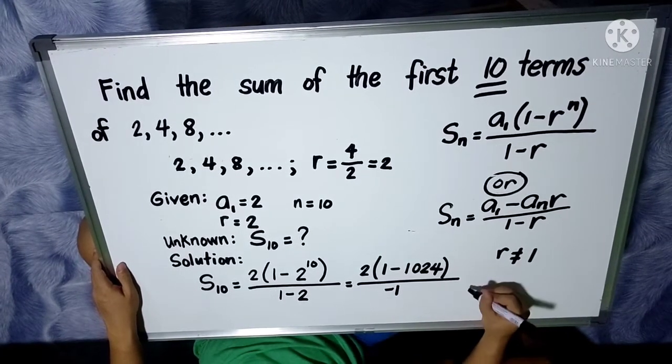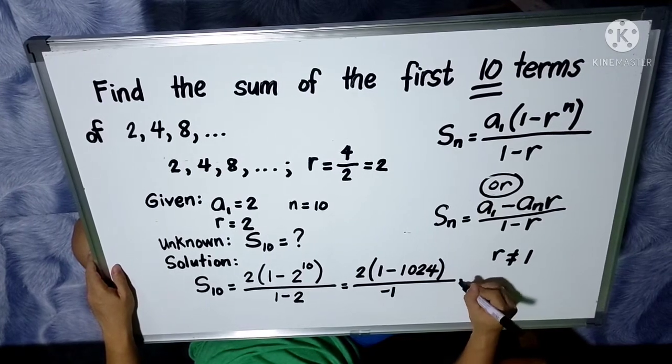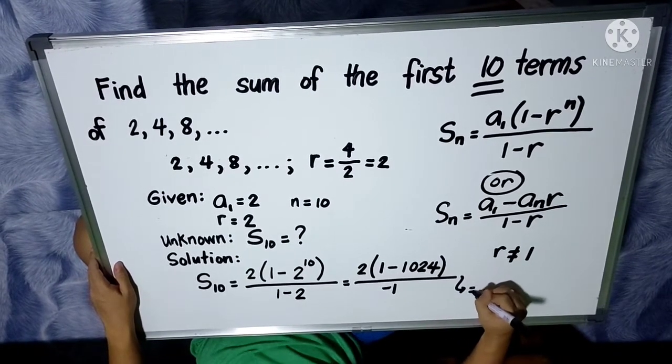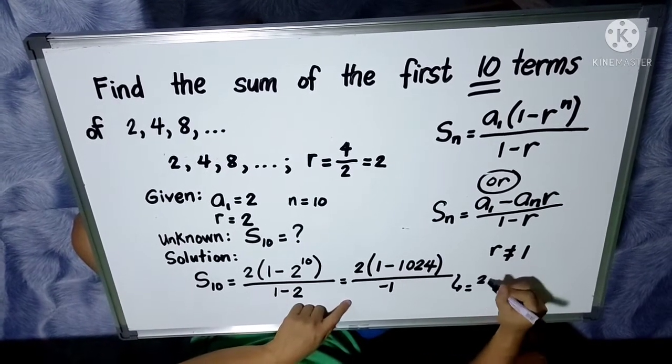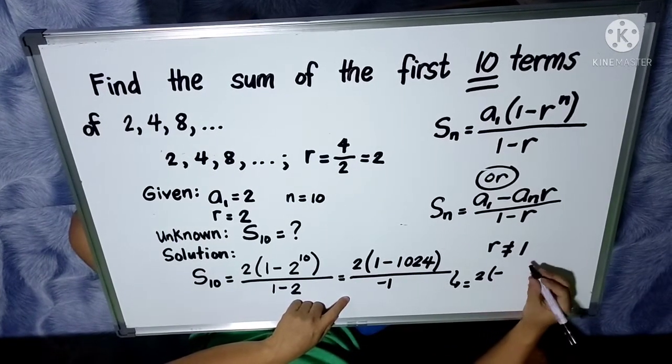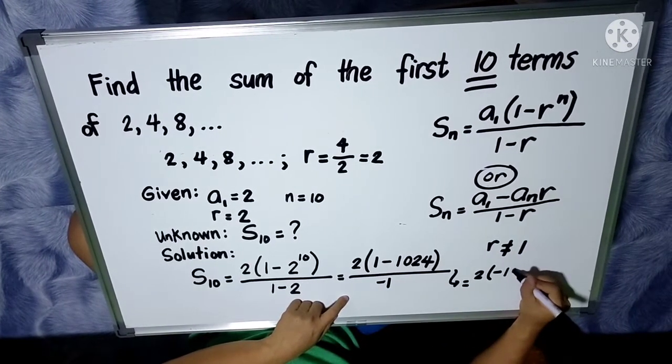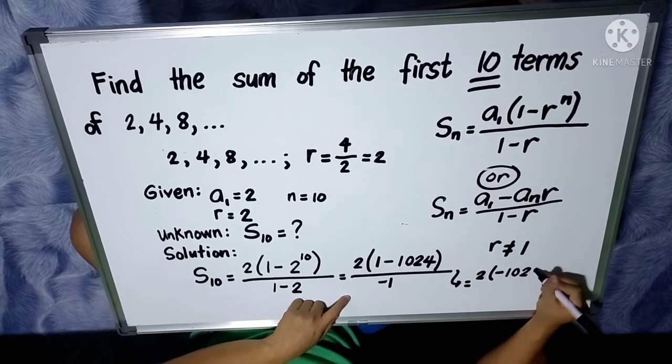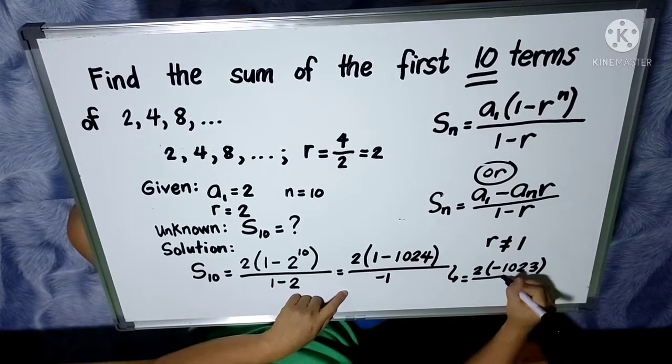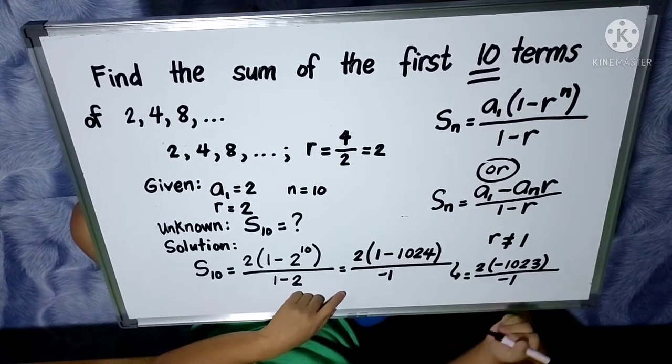This becomes, okay, I'll just write the continuation here. This becomes 2 times negative 1023 all over negative 1.